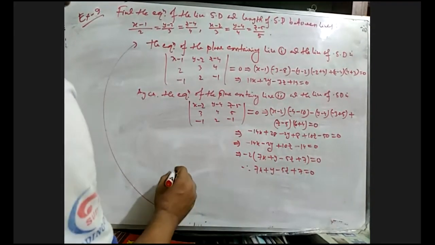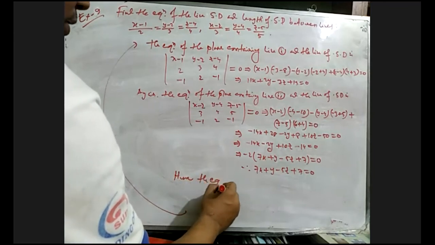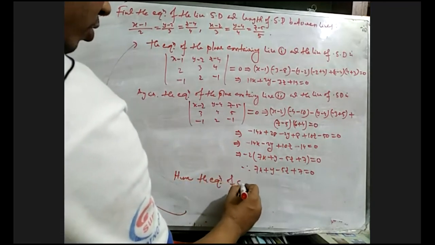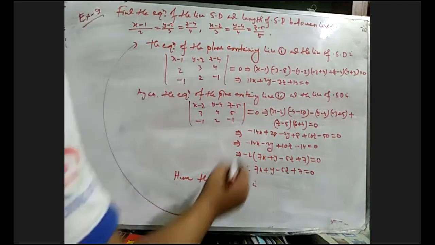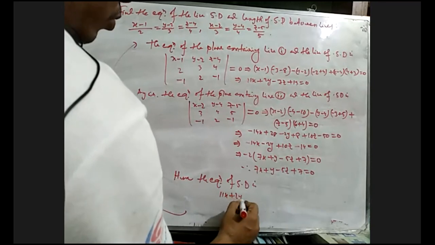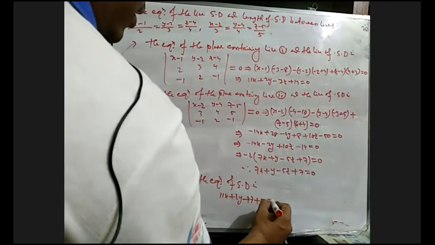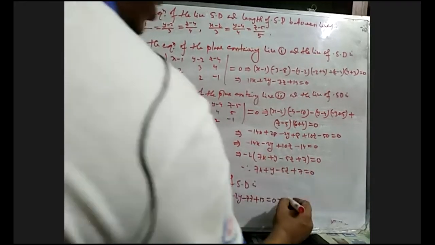Hence the equation of the line of shortest distance is 11x plus 2y minus 7z plus 13 equals 0, equals 7x plus y minus 5z plus 7 equals 0.